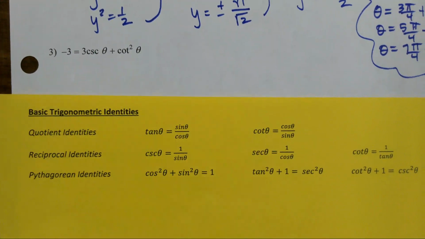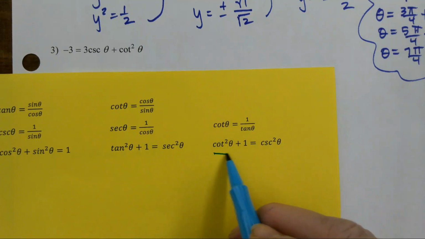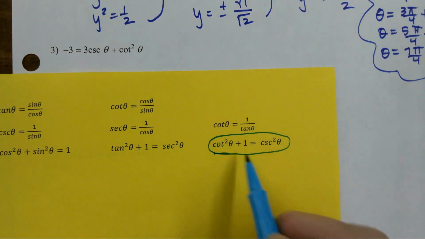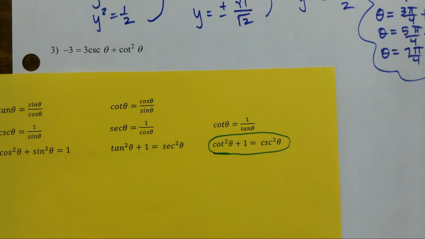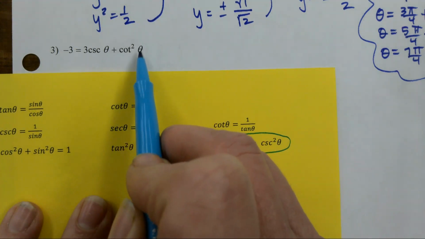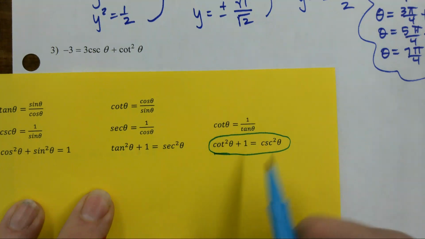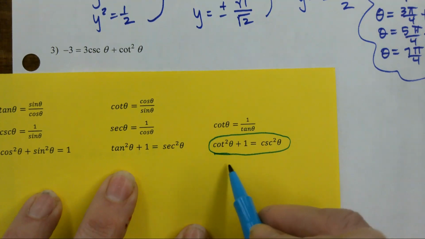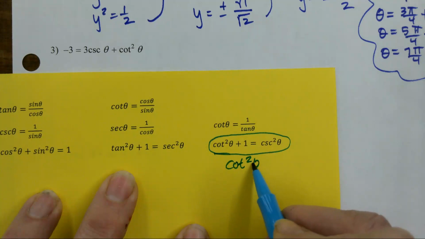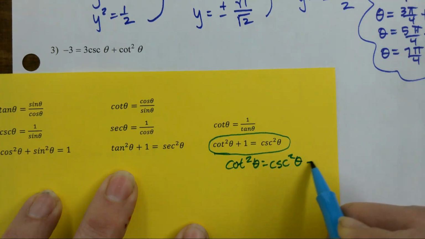I have an identity that connects cotangent and cosecant. In fact, it says that cotangent squared plus 1 is cosecant squared. I have a cotangent squared here. So if I solve for cotangent squared, I would have cotangent squared theta equals cosecant squared theta minus 1.